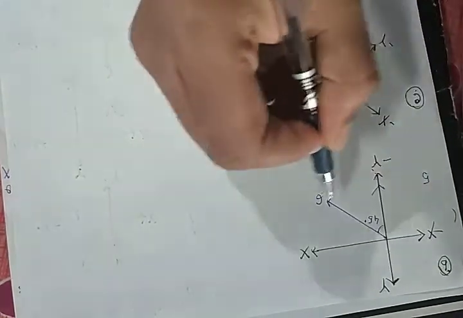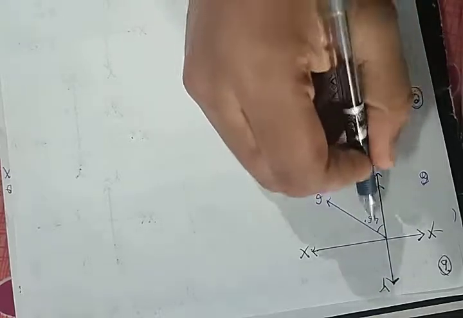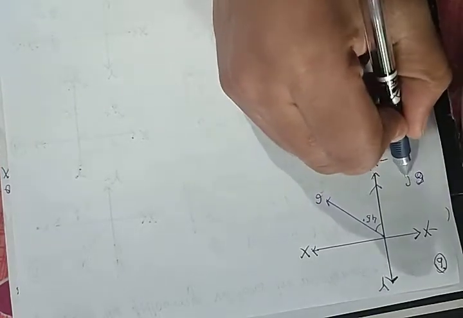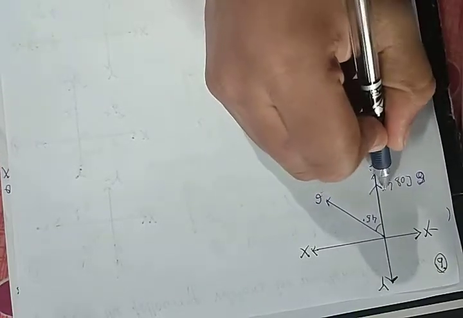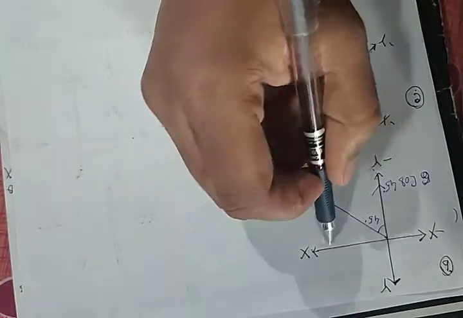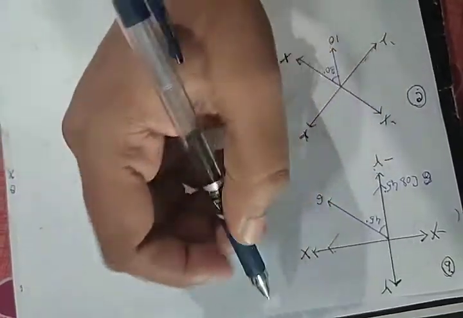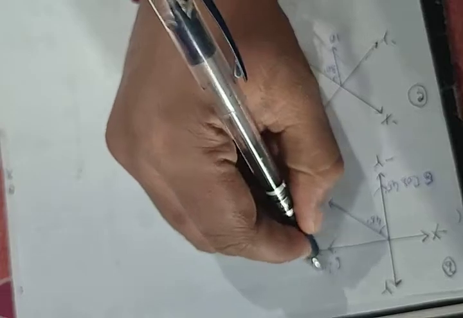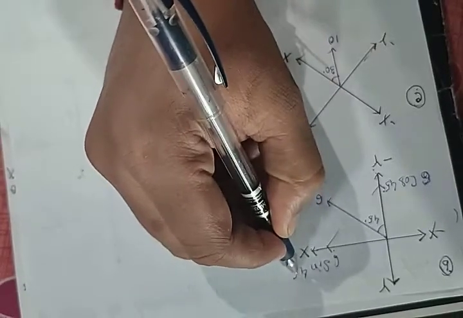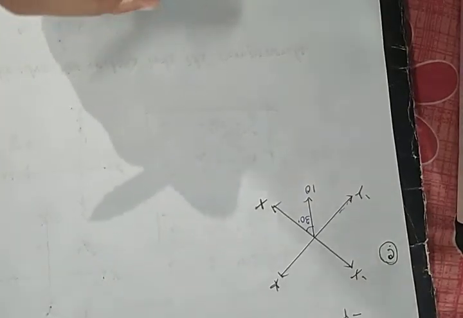Its value will be how much? Magnitude is 6, so this will be 6 cos 45 degree. And this part will be your sin component, 6 sin 45 degree. Correct?